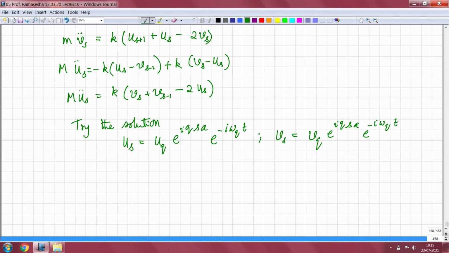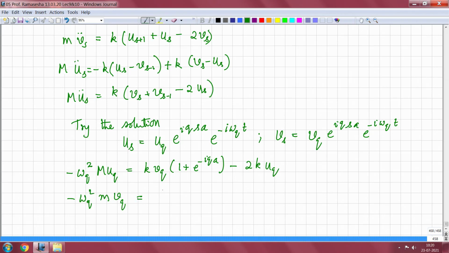If I plug these in, what I get are the equations: minus omega q squared m uq is equal to k vq into 1 plus e to the minus i q a, minus 2 k uq, and then the other one will be minus omega q squared m vq is equal to k times uq times 1 plus e to the iqa minus 2k vq.